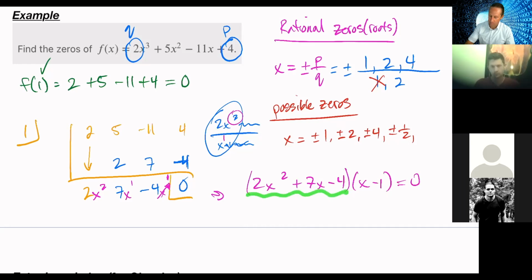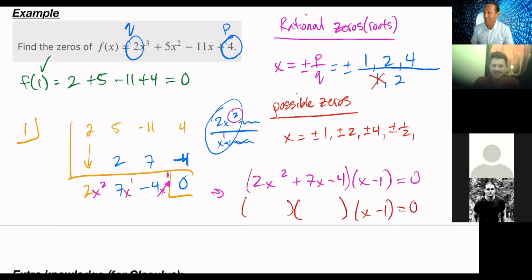All I would have to hopefully be able to do is factor that. And this trinomial, does it look factorable? No. Somebody's like, no, I never learned how to do it with a 2 in front, right?